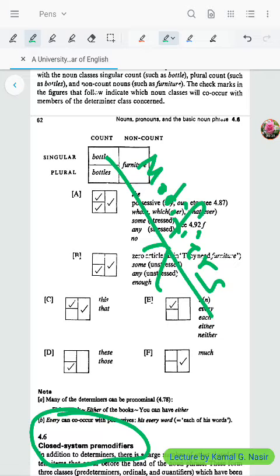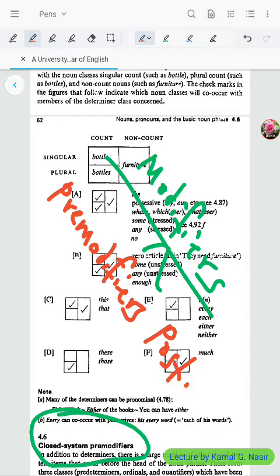They are classified into two types: pre-modifiers and post-modifiers. And we have the head noun.